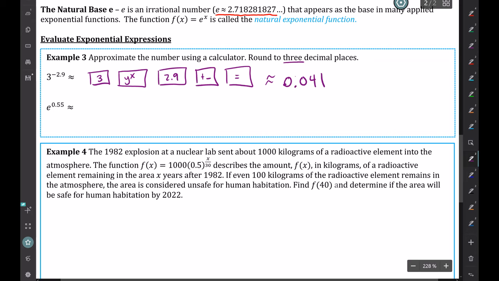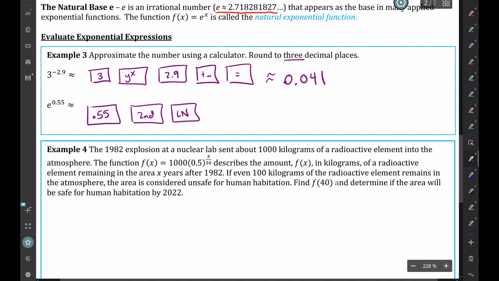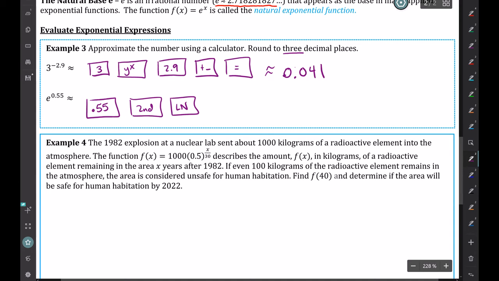Alright, now if you want to do e to some power, then what you do is you type 0.55. Okay, that's the exponent. And then you hit second and the ln button. Well, the ln button is natural log, and if you hit second, you can see that e to the x is in a light color on that button.